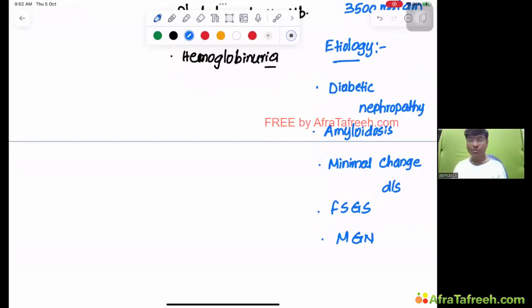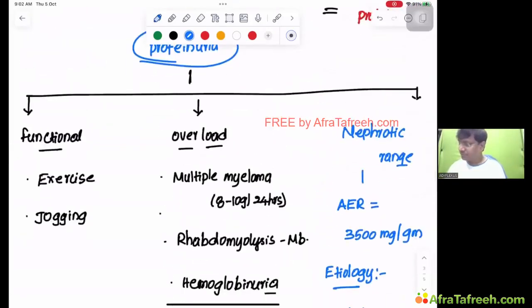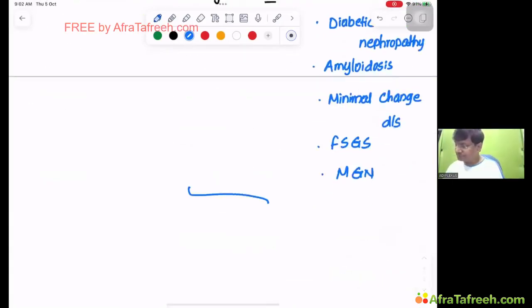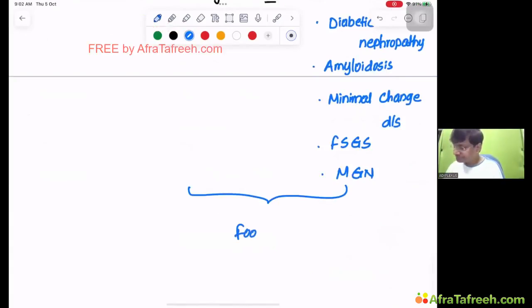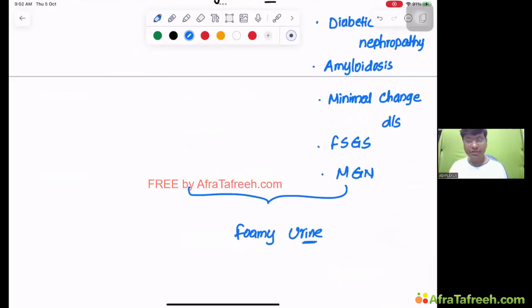And whenever there is overload proteinuria or nephrotic range proteinuria, in both of these scenarios, there will be frothy or foamy urine. Whenever a person passes urine, froth or foam will be there in all those individuals who are urinating excess amount of urine.